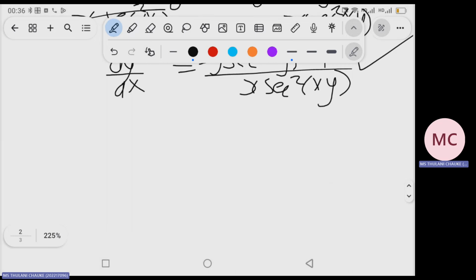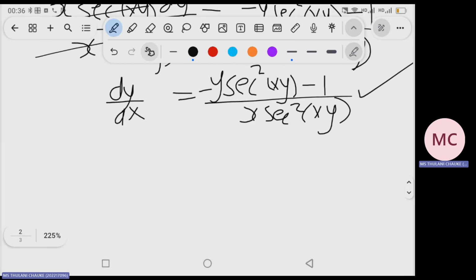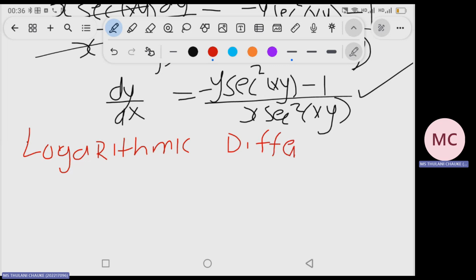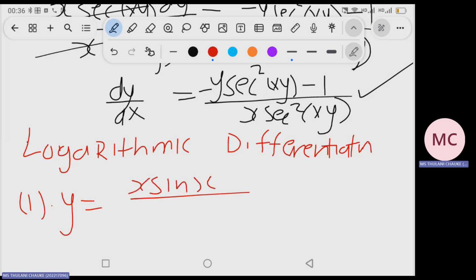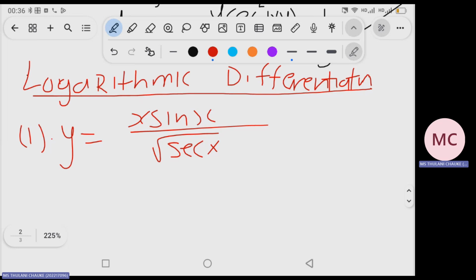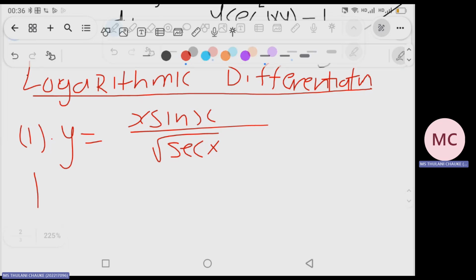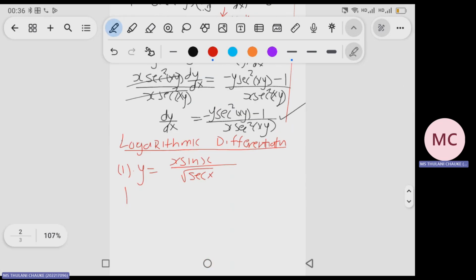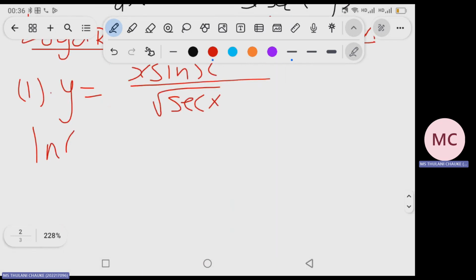Then let's move to logarithmic differentiation. The first one is when you are having y equal to x sine x all over the root of sec x. So here, the first step when you're using logarithmic differentiation is to introduce ln on both sides.